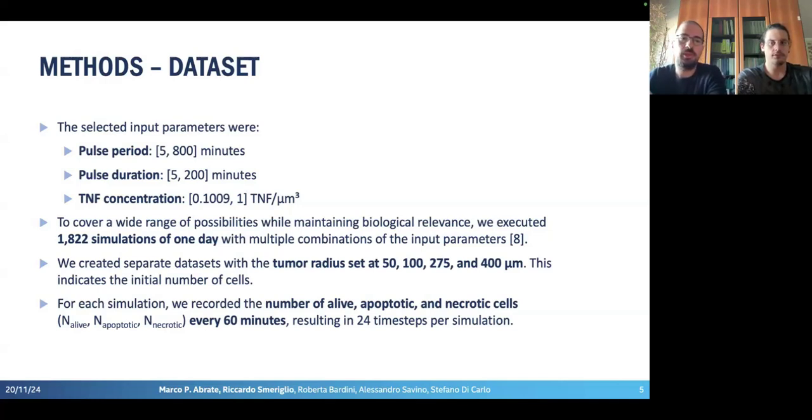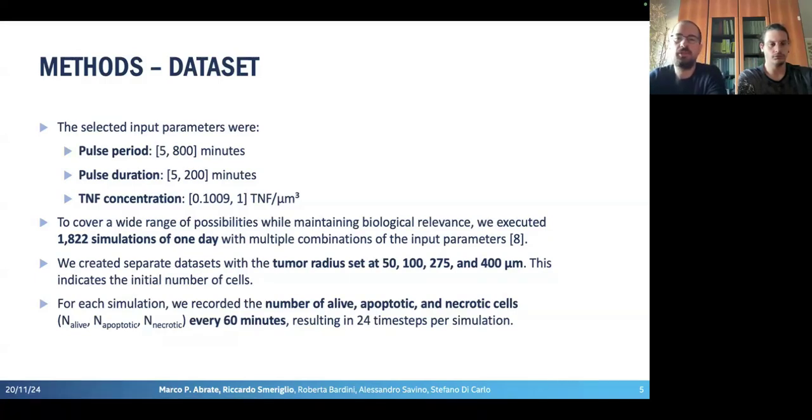We then covered, as you can see, a wide range of possibilities for these input parameters while maintaining biological relevance, because these parameters were also used for an OVS by the authors of PhysiBoSS. So we executed around 2,000 simulations of 1 day.